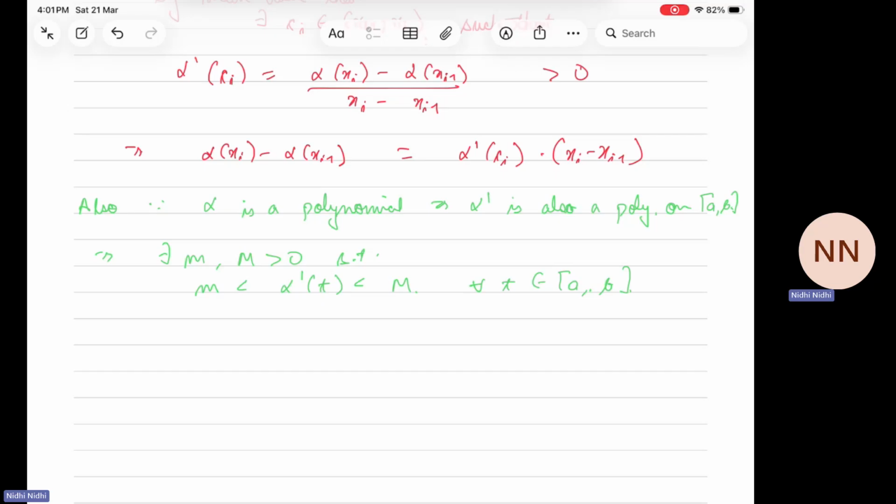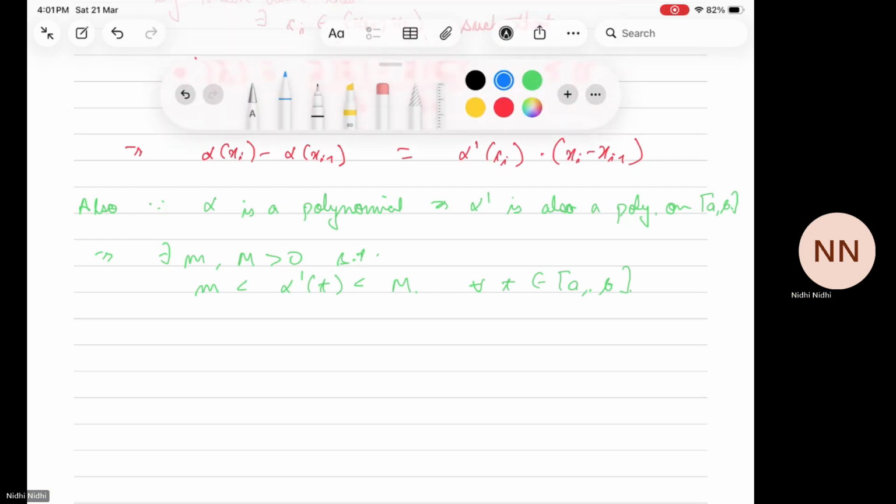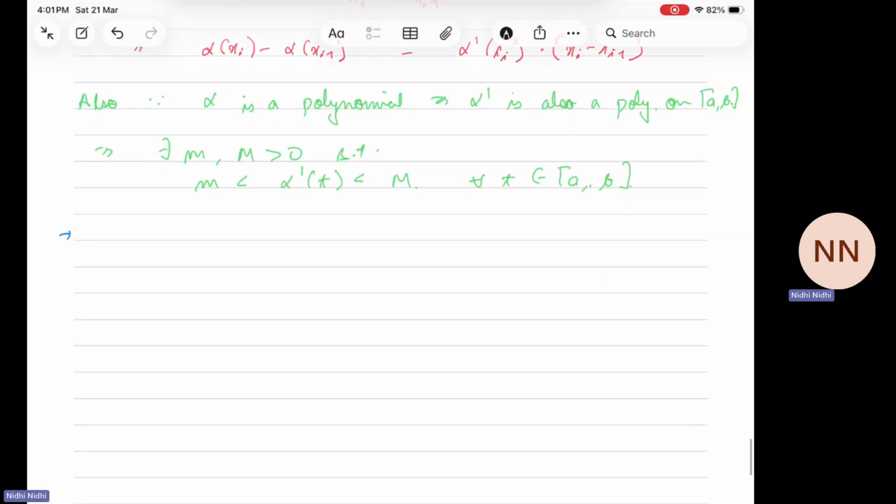Now this gives us that small m times summation i from 1 to n, (M_i minus m_i)(x_i minus x_{i-1}) will be less than or equal to summation i from 1 to n alpha dash t.